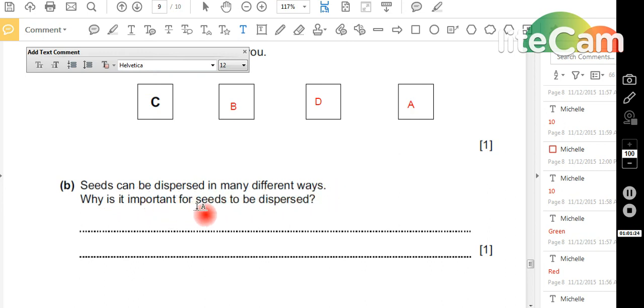Why is it important for seeds to be dispersed? Well, it decreases the competition between seeds for survival. Fantastic. Okay, what competition would there be among seeds? What is the competition that we find among plants?